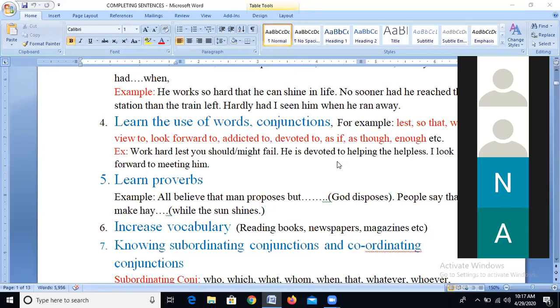But if there occurs a verb, you have to transform that very verb into a noun. So how can you transform a verb into a noun? You can add ing to this verb. Then it will work as a noun. For that reason, after devoted to, we usually use ing form.